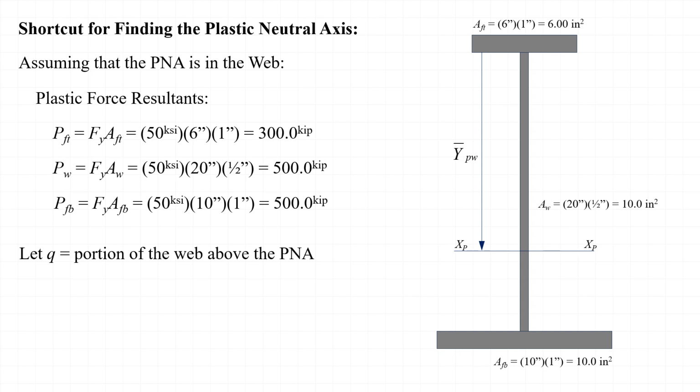Next, I'll define a new variable Q, and I'll let it represent the percentage of the web that lies above the plastic neutral axis, and, if we're under a positive bending moment, is carrying compression along with the top flange.